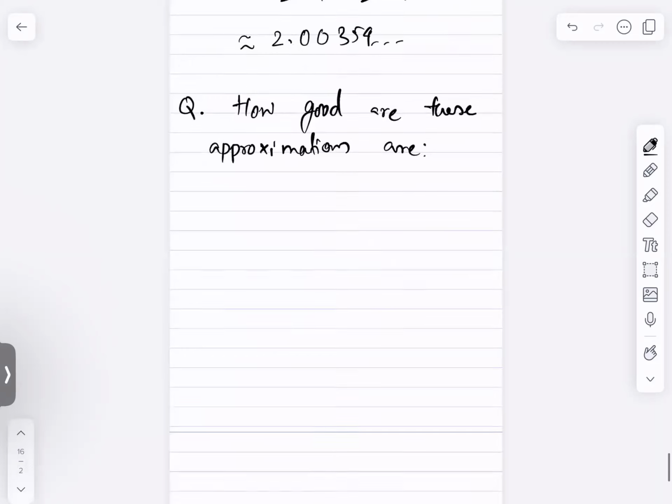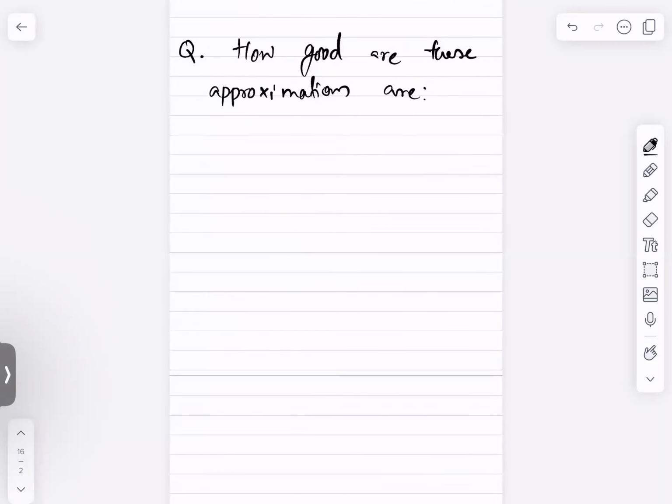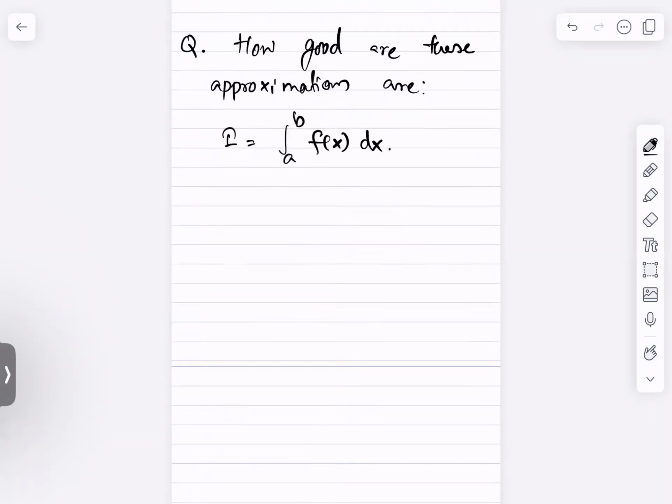Okay, let's come back. One good question to ask is how good these approximations are. Say I is my integral of f(x) dx.